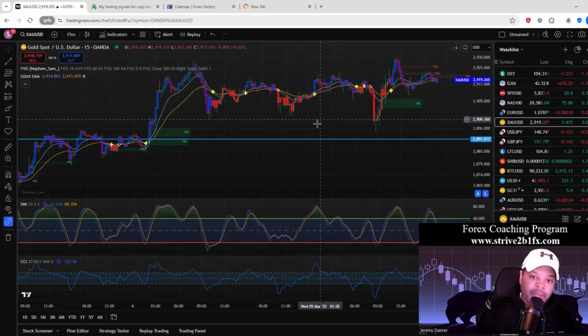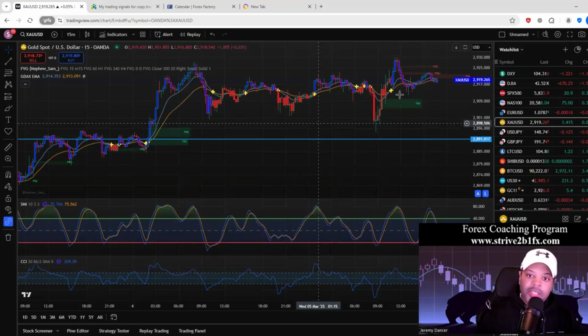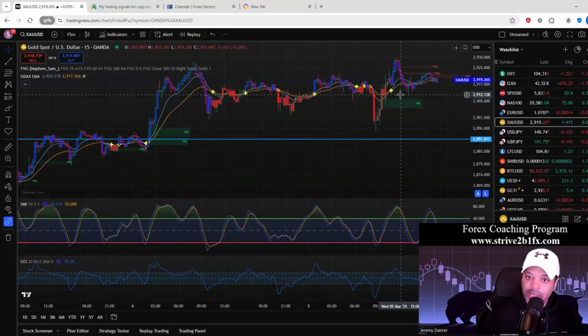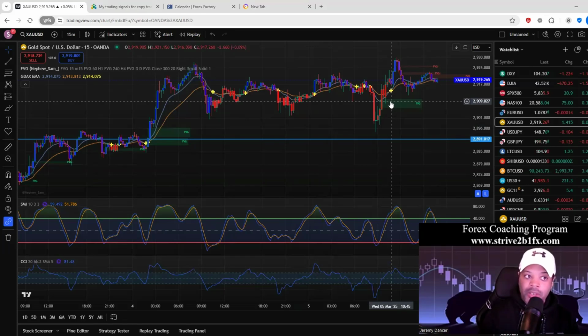Now, one of the drawbacks to the indicator is you really don't have a good idea as to where to take profit and where to use your stop loss, which is why I like using my Trendline Pro indicator, which I'm going to show you guys after I go over this, because the Trendline Pro gives me stop losses, it gives me take profits, and when I use both of these together, it's very effective.